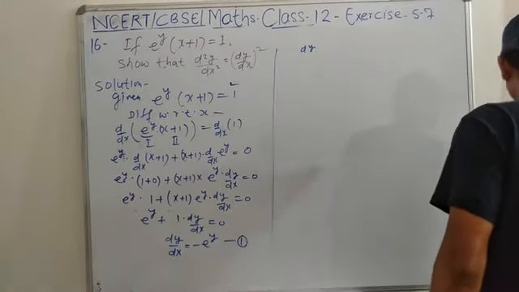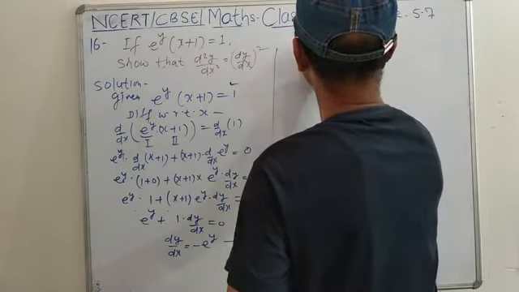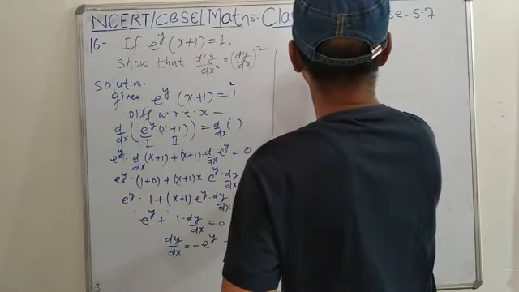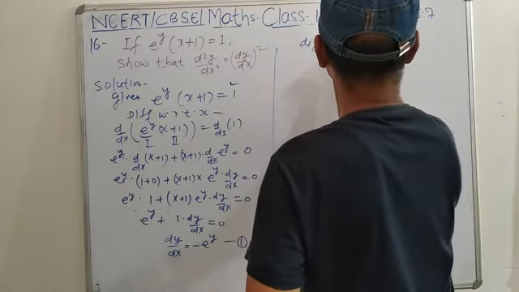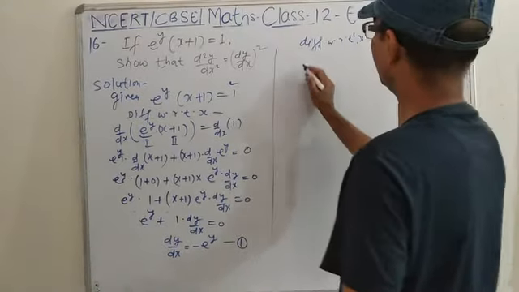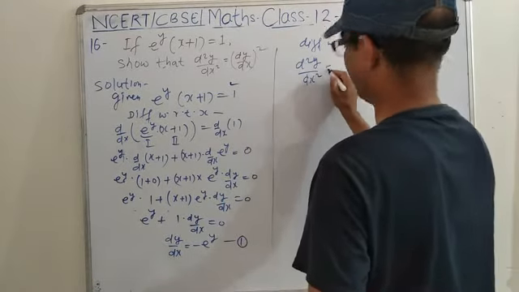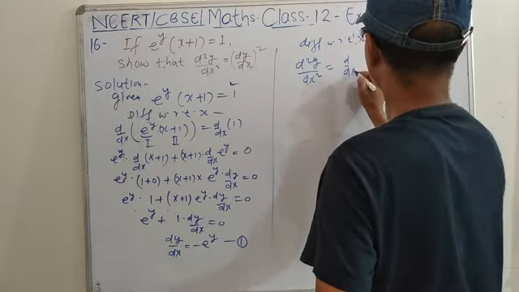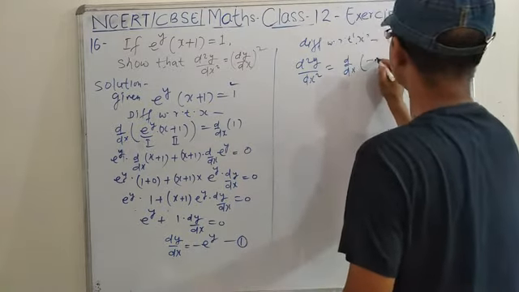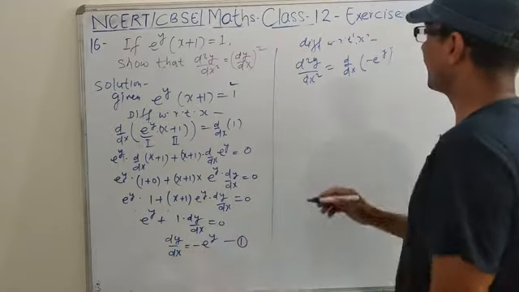Now we write, differentiating once again with respect to x, so it becomes d2y by dx square is equal to again d/dx of minus e to the power y.